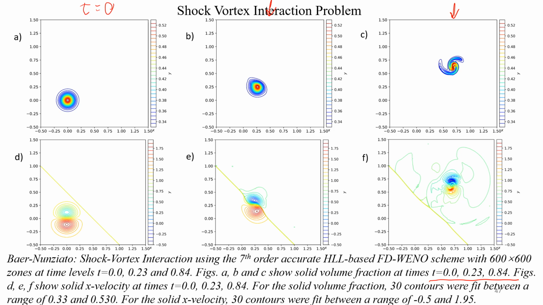The intermediate time of t equals 0.23 was chosen so that it is the time when the vortex is halfway through the shock front, and you can see the vortex structure being stretched and distorted by the shock front.